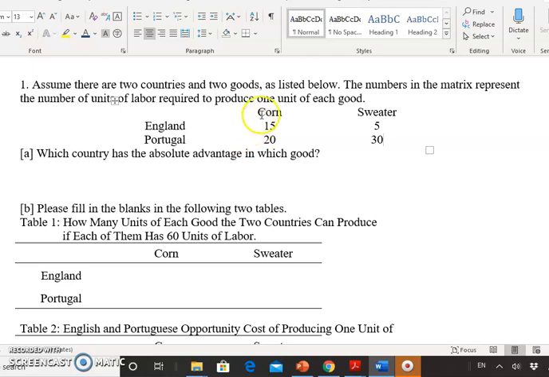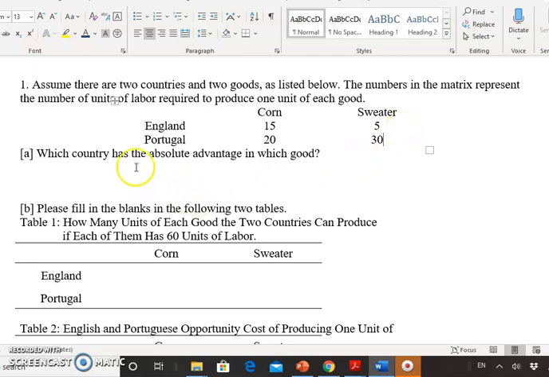Now, when we compare the 2 countries in corn production, we find that England spends 5 fewer units of labor. So England has an absolute advantage in corn production. And when we look at sweater production, we find that England uses 25 fewer units of labor. So it has the absolute advantage in sweater production too.